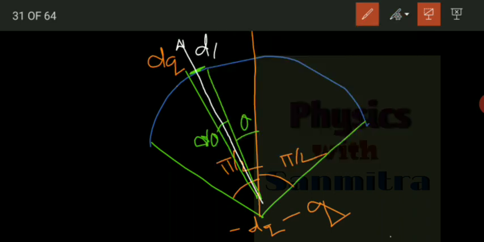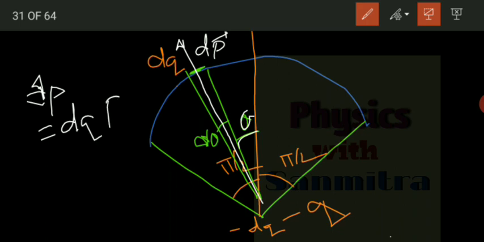Let's say this dipole moment is dp, and this is theta, so I can write dp is equal to dq into r, where r is my distance.